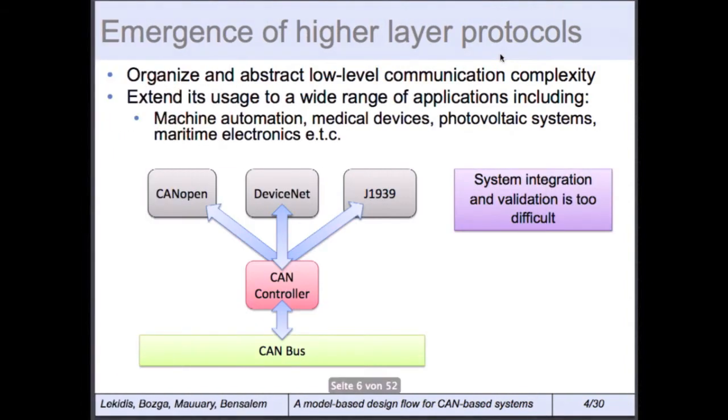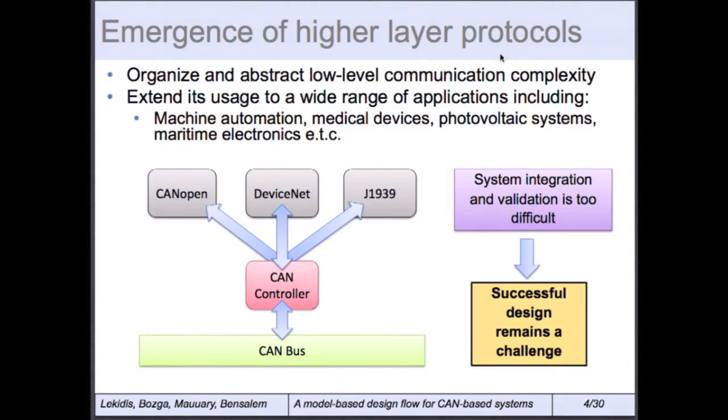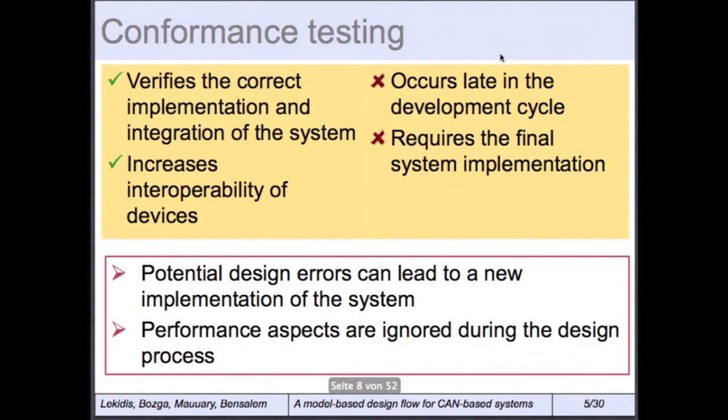But in the end, what happens is that the system integration and validation is difficult because, as we can see here, we have several communication layers, and these communication layers actually remain a challenge for us in order to design the system successfully and to develop it from scratch, to be correct by construction. So what we do in order to verify this system, we use conformance testing.